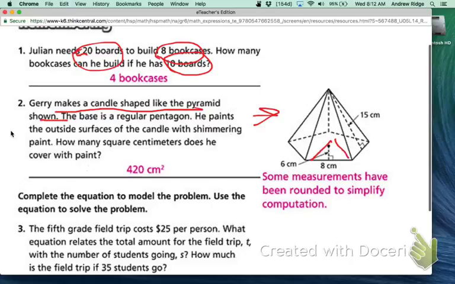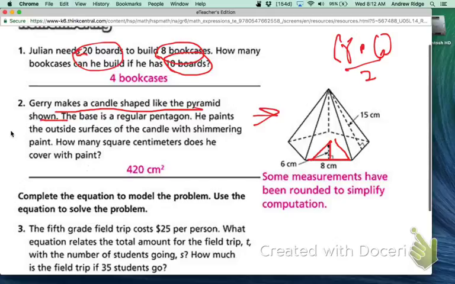So, once again, we have to go with that triangle method. It's 8 centimeters across and 6 centimeters in. So that's 8 times 6, divided by 2, and that's the bottom.